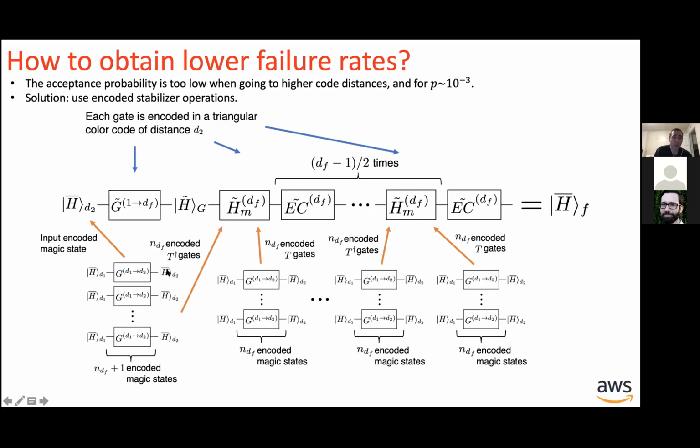The way that you do this is you would first start by preparing magic states of distance D1 using the schemes that I showed in the previous slides. Then you grow these magic states to a distance D2 magic state. This process is fairly straightforward, and I'll give an example of how it's done in the next slide, but it's pretty much the same idea of what I've shown before.